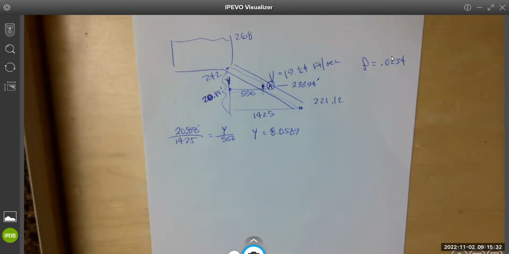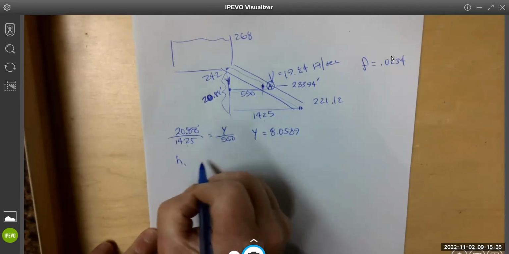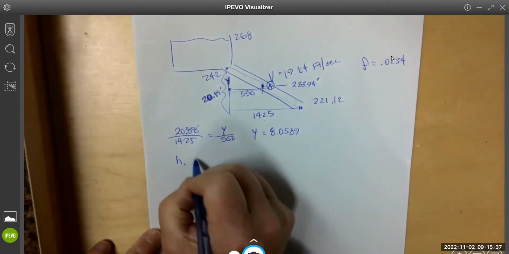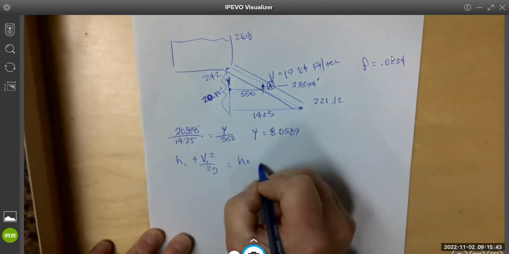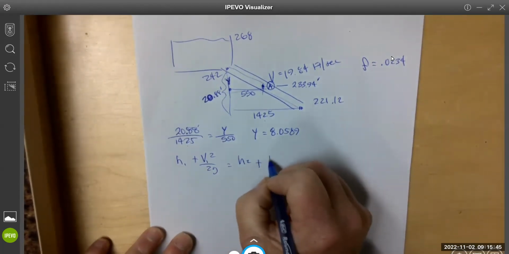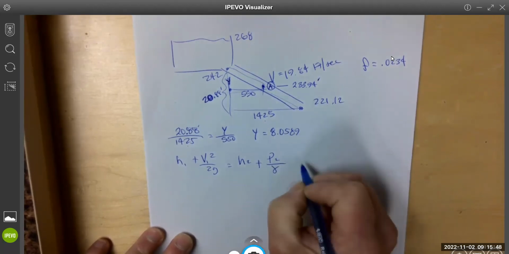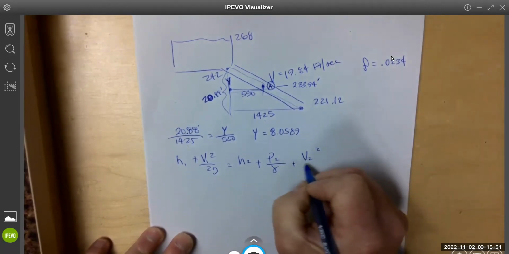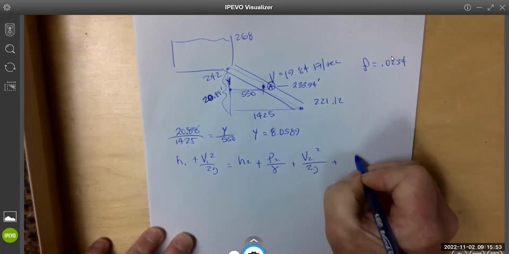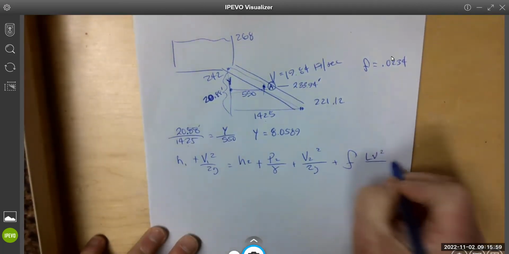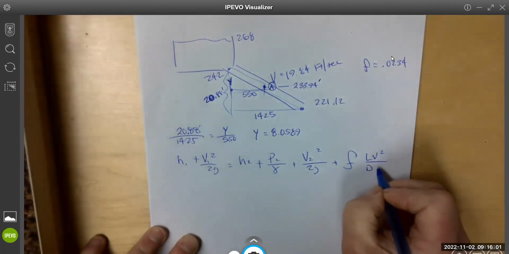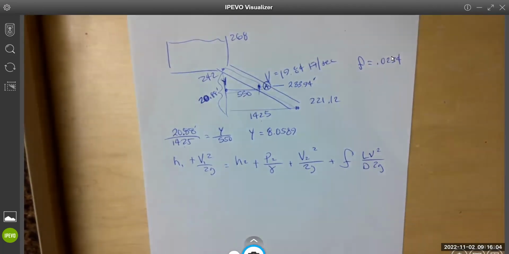All right, so now let's set up the formula. I'm going to write it out one more time. So when we consider friction, we have this piece, and it does say consider friction, but we now have that, so that's good.